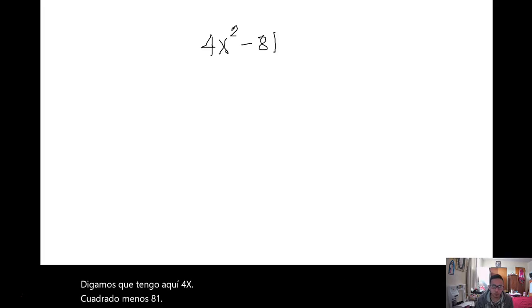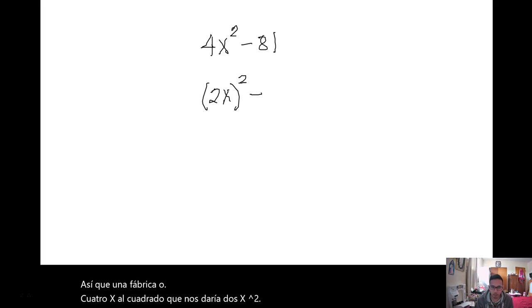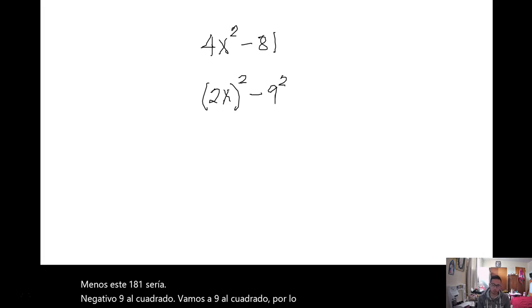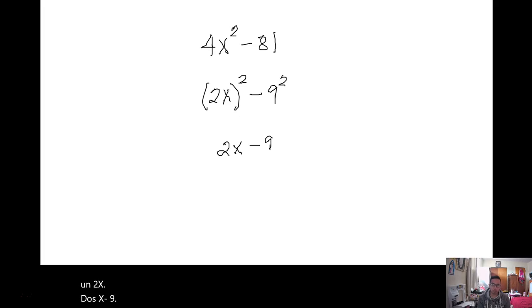Factor 4x squared, that would give us 2x squared, minus 81, which would be 9 squared. Therefore, when you factor that out, it would give you 2x minus 9 and 2x plus 9, because we don't have any middle term here.